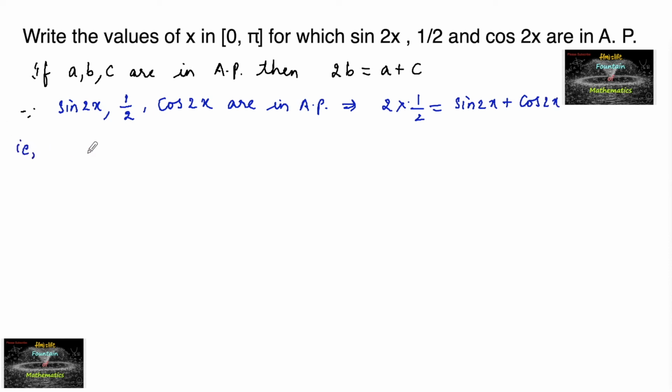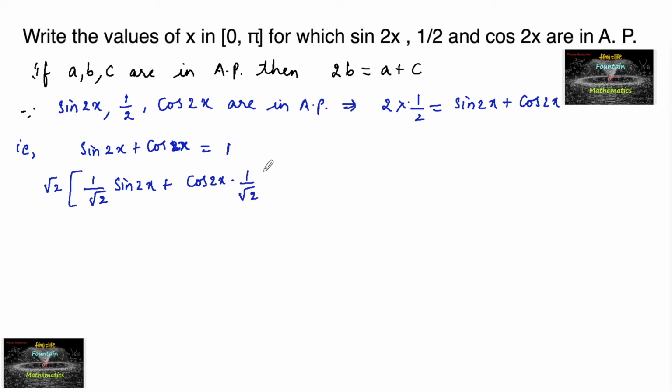that is, sin 2x plus cos 2x equals 1. So let's multiply and divide by root 2. So root 2 times of 1 upon root 2 sin 2x plus cos 2x into 1 upon root 2 equals 1.